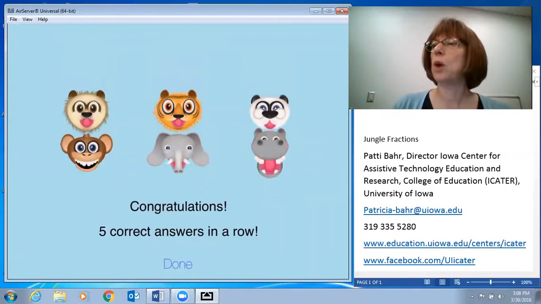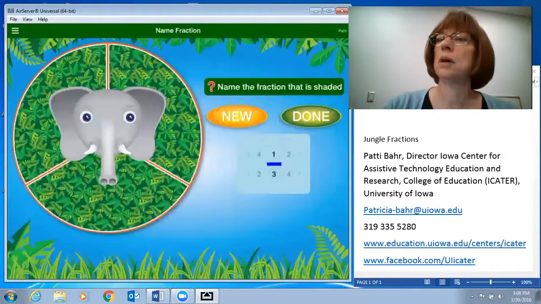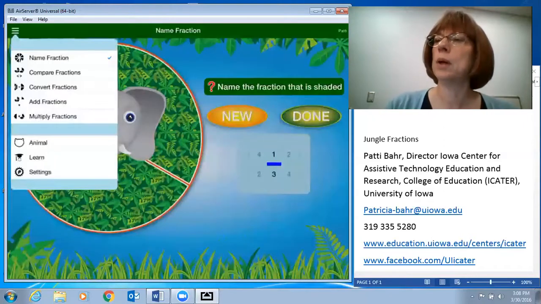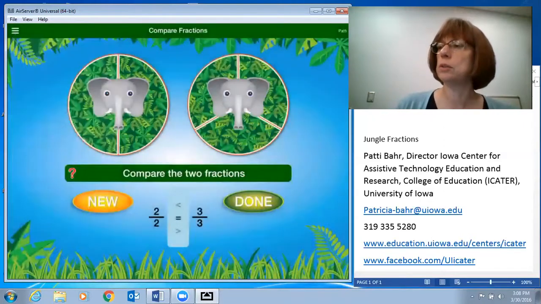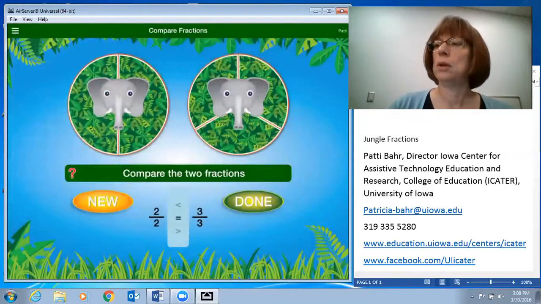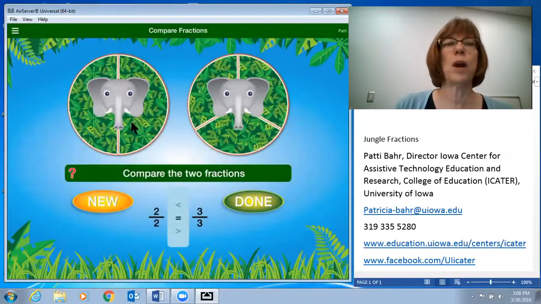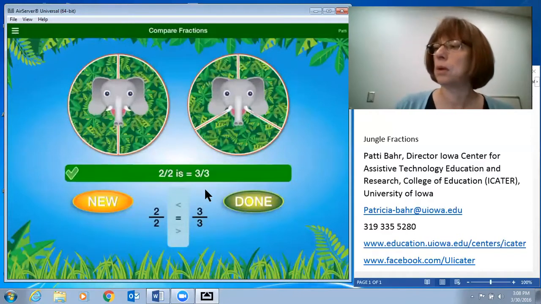Okay. So again, if I go up to this hot dog or hamburger up here, I can compare fractions. So is this fraction less than, equal to, or greater than this fraction? If I say that it's equal, I say I'm done.